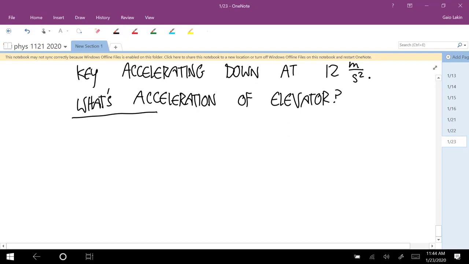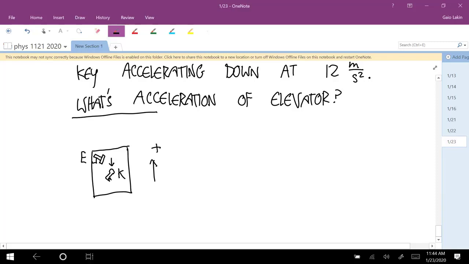Okay, so here's what's going on. We have this elevator. And here's the key. The key is falling, so I'm going to call the key K. The camera in the elevator, I'm going to call E. Whatever that sees, that's the measurement taken by E. And I'm going to call my positive direction up.